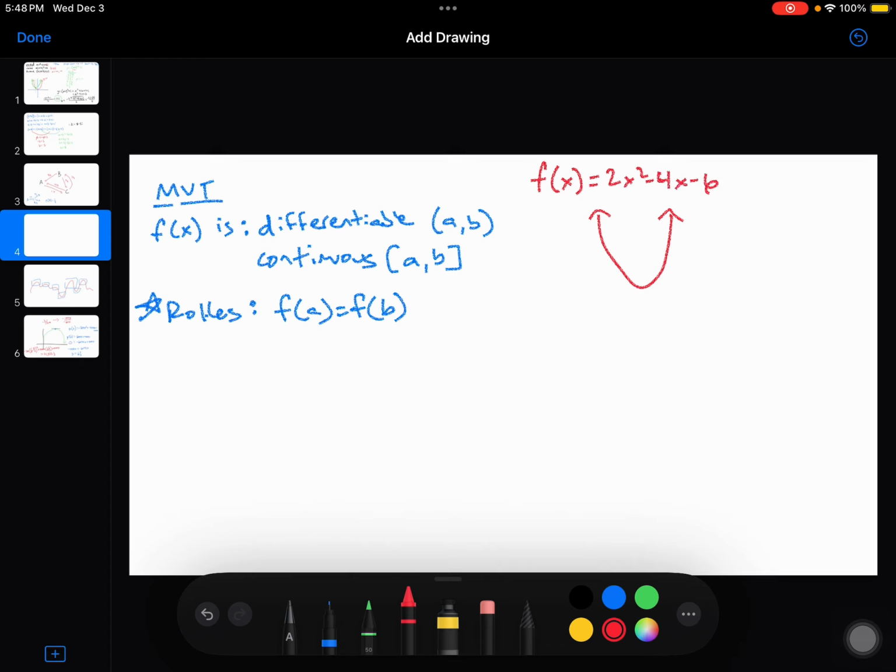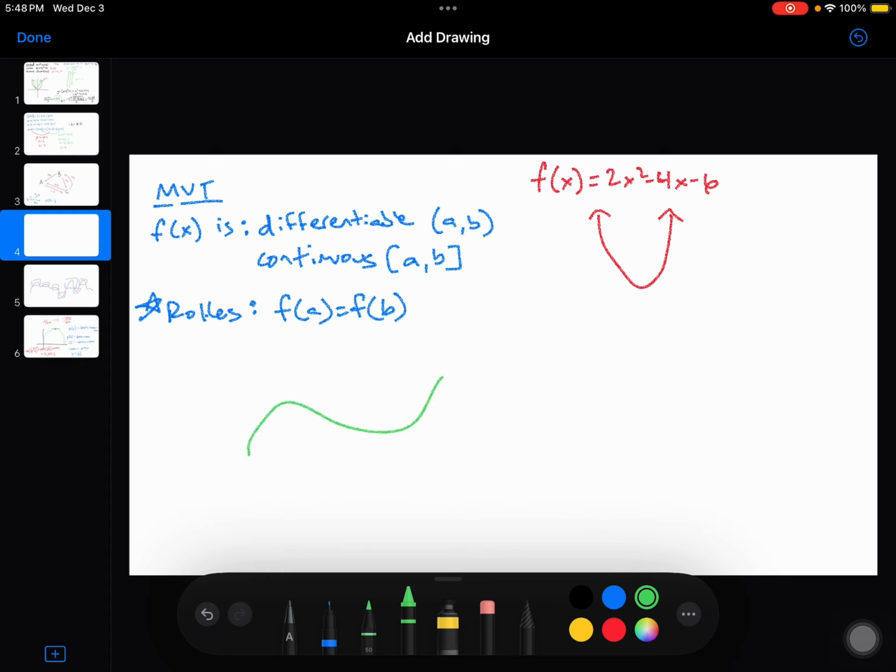In order to satisfy the MVT, the mean value theorem, we need f of x to be differentiable and continuous. It has to be continuous on the closed interval a to b, and differentiable over the open interval a to b. Any polynomial is always continuous.